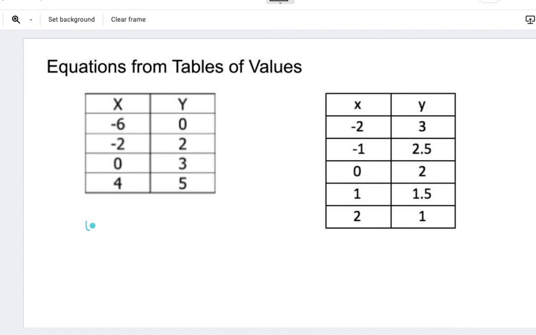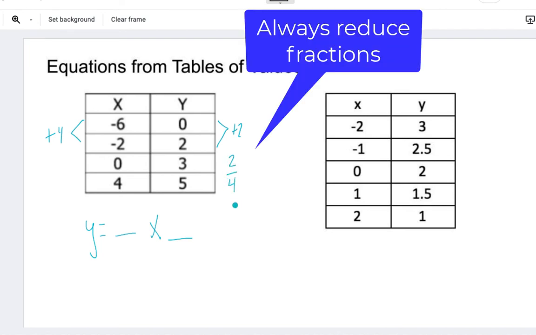Now we still need to find the slope and the y-intercept from a table. Remember, since it is rise over run, we're just checking the change in the y. In this case, it's going up by 2. Here, from negative 6 to negative 2, we know that goes up by 4. So our slope is going to be 2 over 4, which we need to reduce to 1/2.